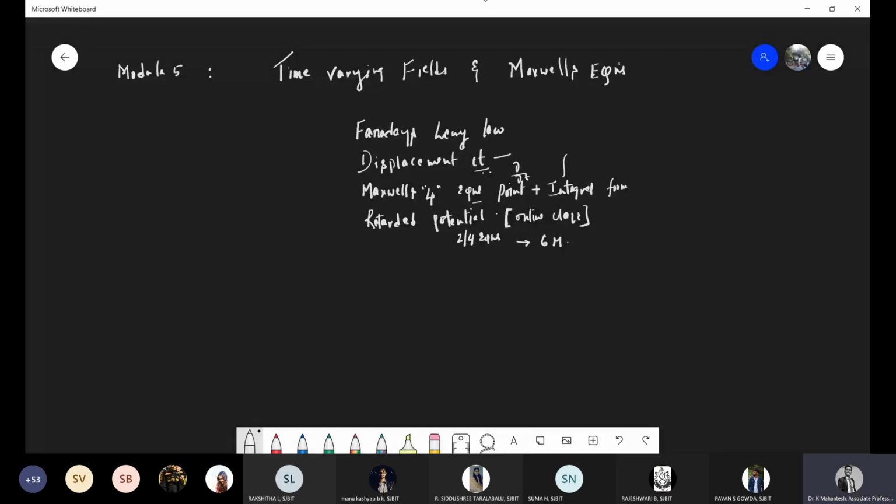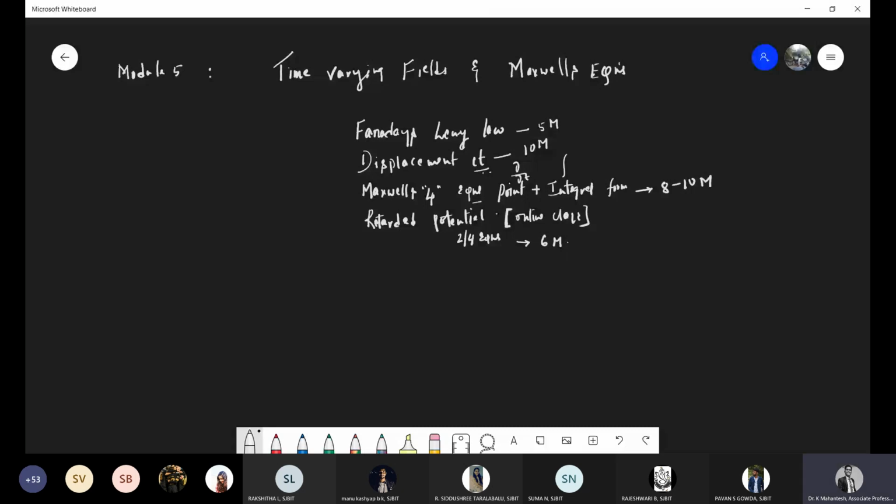So this you'll be getting to prove displacement current. This would be for some 10 marks, and this would be for some 5 marks, and Maxwell's 4 equations would be from 8 to 10 marks. So it may be a combination of 2 or 3 questions for 20 marks.